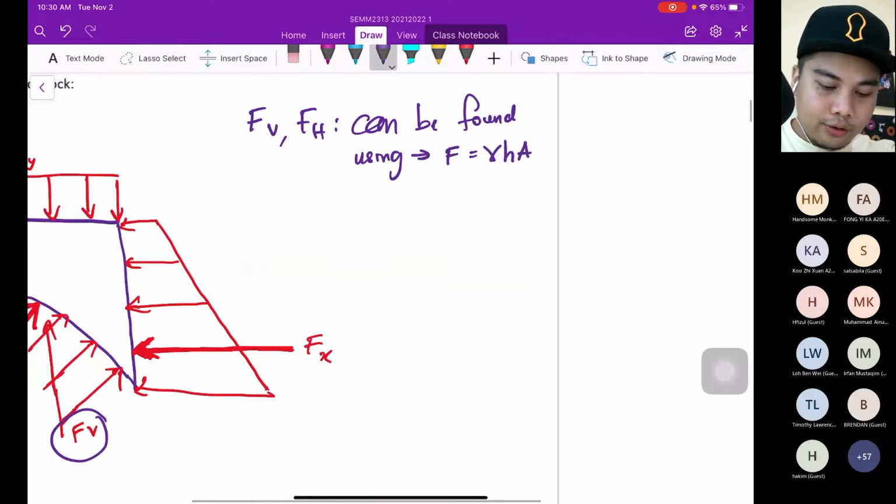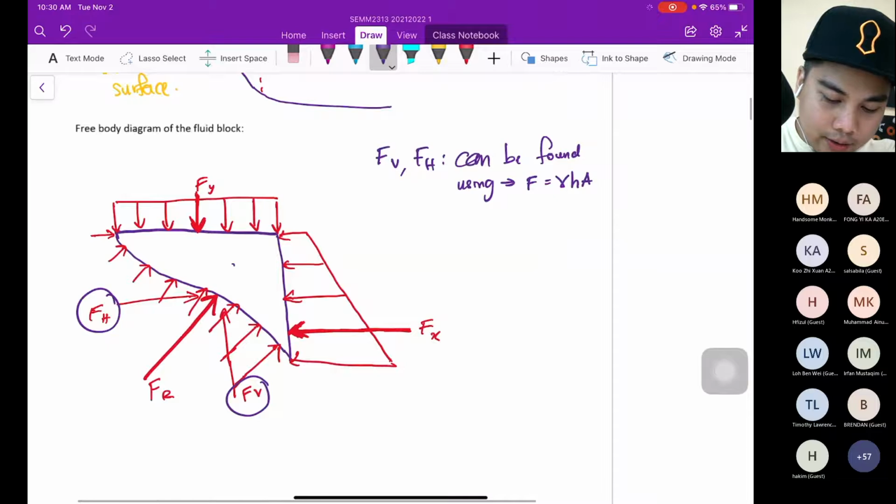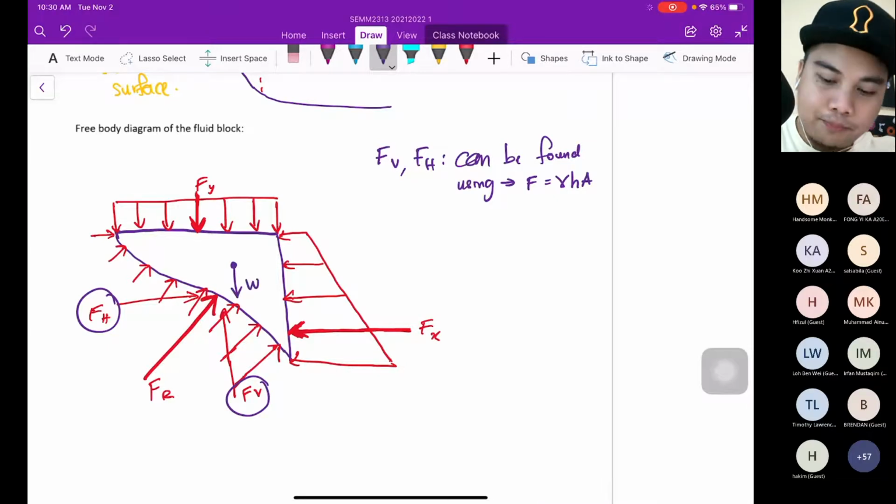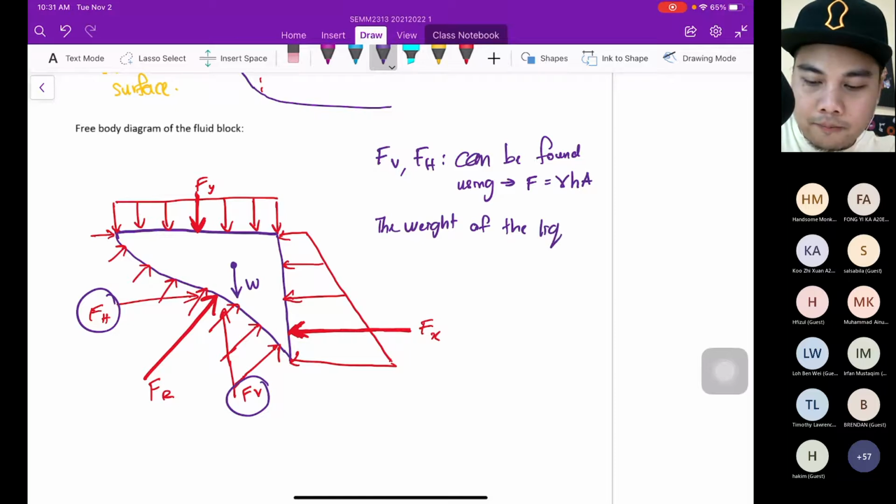Alright. And then don't forget we have the weight here, the weight of this block. So the weight of the liquid block is rho GV.